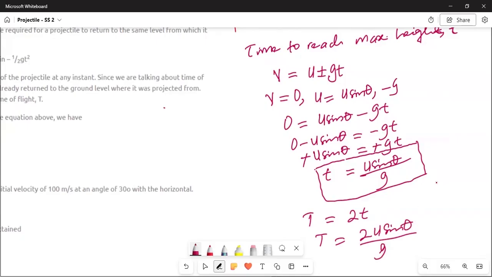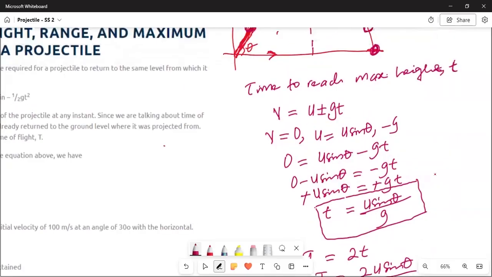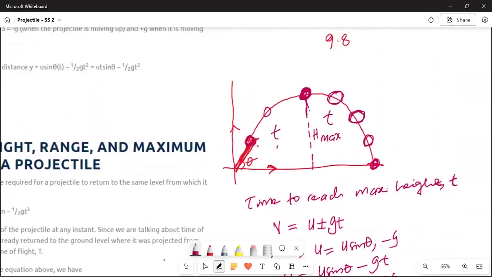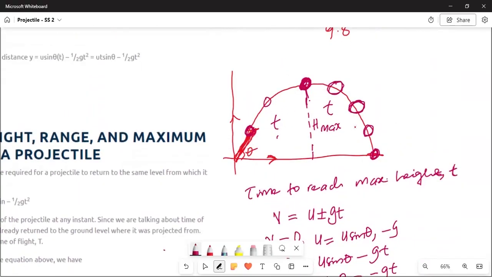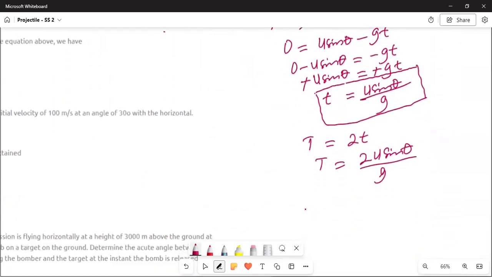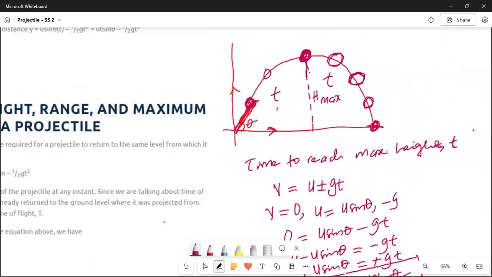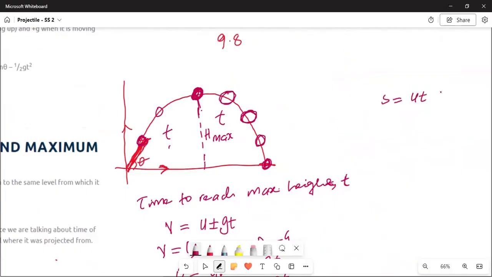Now we can prove that with the equation of motion. We said that the distance of this projectile along the vertical axis as it goes up is obtained by the equation of motion s equal to ut. Since the object is going up, that will be minus half gt squared.